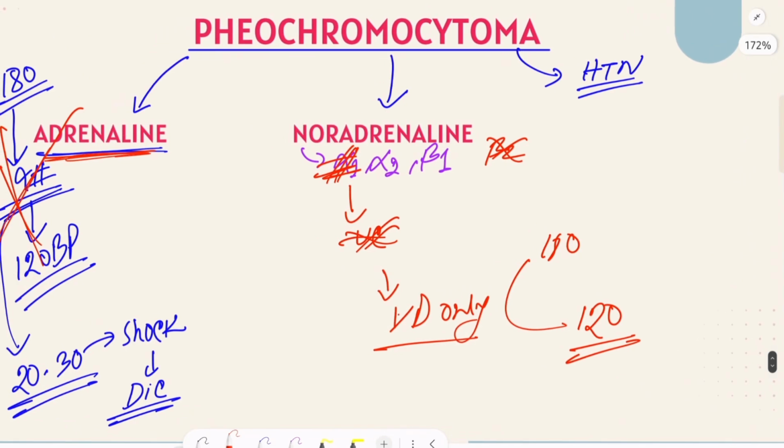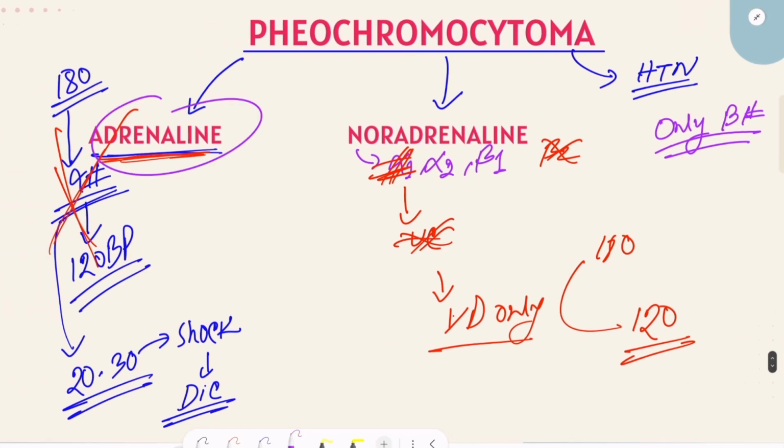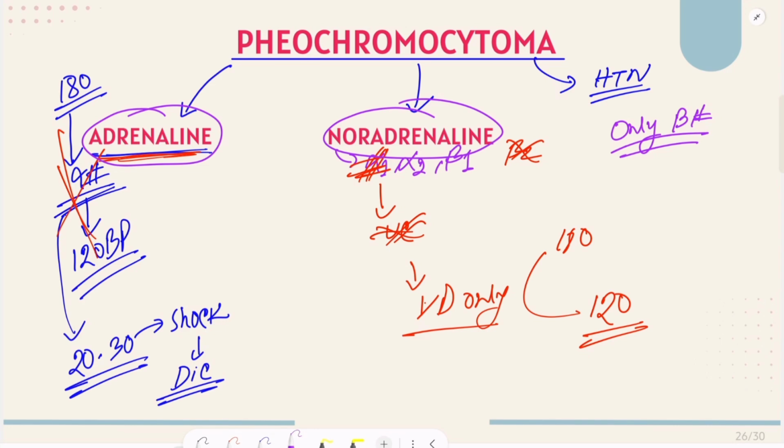Now my question is, can we use only a beta blocker in any of these conditions? The answer is no. In an adrenaline producing tumor, this endogenous adrenaline will stimulate the beta 2 receptor, which will cause vasodilation and normally a decrease in blood pressure. So in an adrenaline producing tumor, this adrenaline partially helps in reduction of blood pressure.